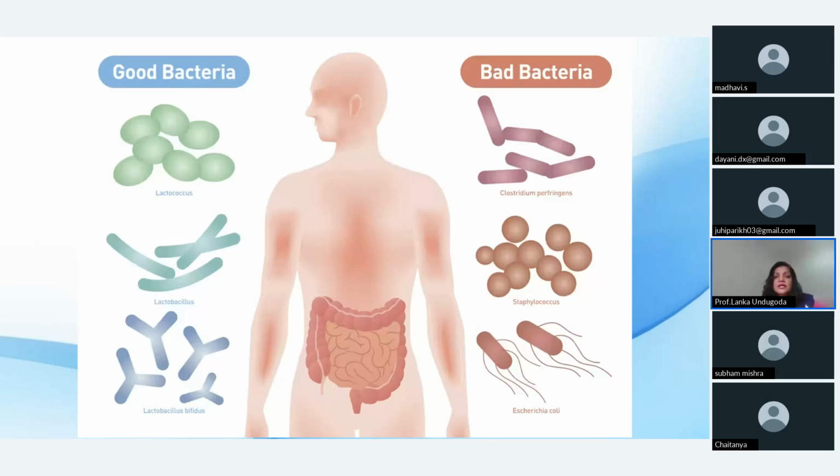Because of all these things, you always have to maintain a balanced microbiome. But our food habits really impact the balance of your microbiome. Sometimes your food habit includes a huge amount of sugar, sometimes a huge amount of salt.